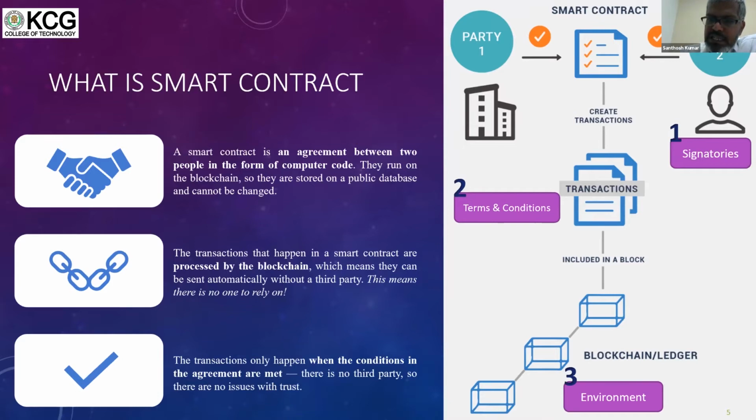And once the smart contract is created, any of the associated parties can then initiate transactions. The transactions are nothing but the operations supported by the smart contract. So it is very similar to Bitcoin. In Bitcoin, the Bitcoin is the asset, and the transactions are defined by Bitcoins.